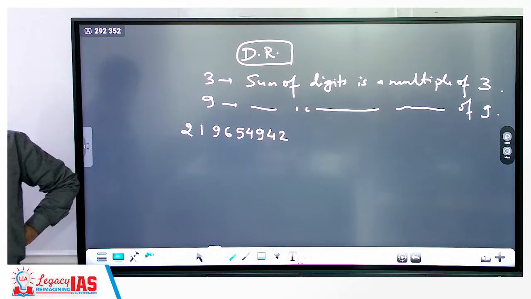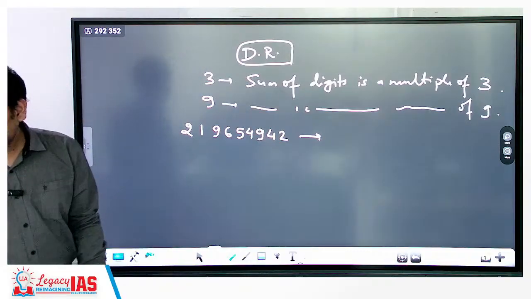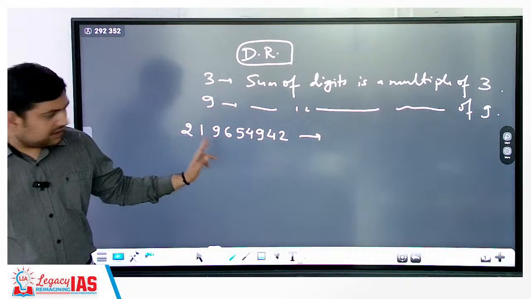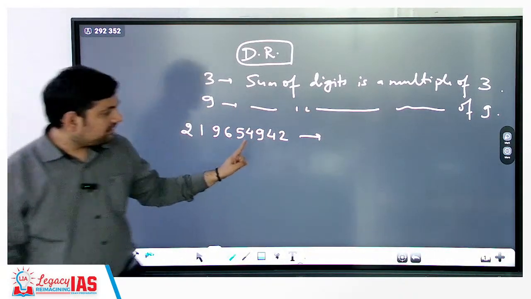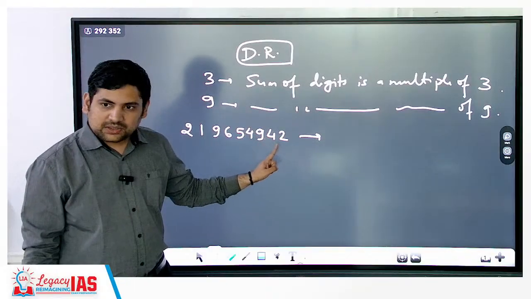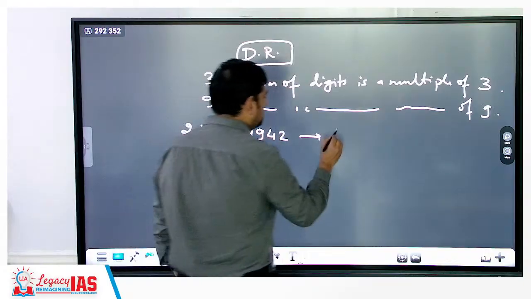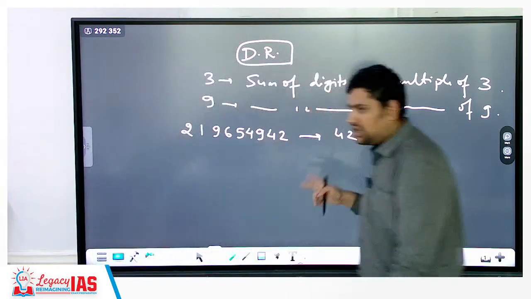It is divisible, correct? So one way of doing this is just adding all the numbers. First, let's try this. So 2 plus 1, 3, 3 plus 9, 12, 12 plus 6, 18, 18 plus 5, 23, 23 plus 4, 27, 27 plus 9, 36, 36 plus 4, 40, 40 plus 2, 42. Correct? Now, 42 again you can add.